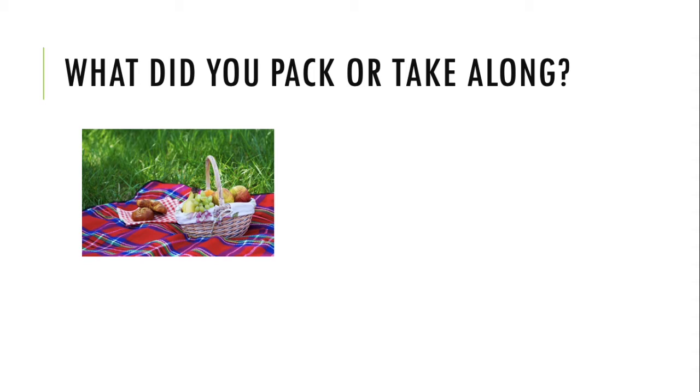Now, where do you think we might need to take a picnic basket to? Do you think I need this when I go on an aeroplane? You could take a picnic basket to somewhere within Hong Kong. Maybe you will like to go on a picnic. Maybe you can carry a camera to capture some nice photos. So this seems necessary for when you are going somewhere within Hong Kong.